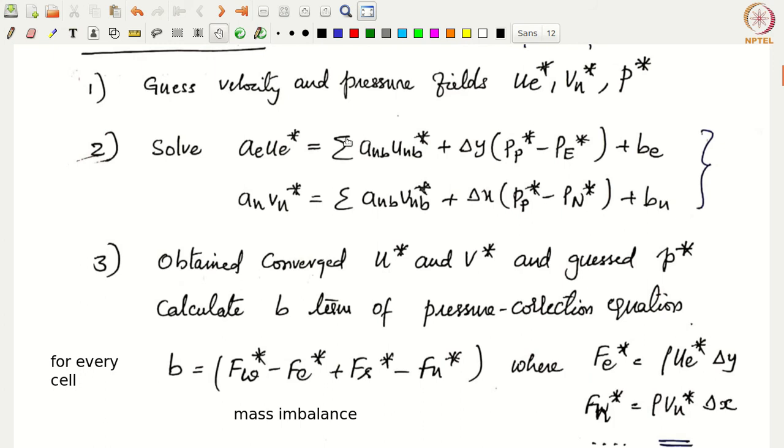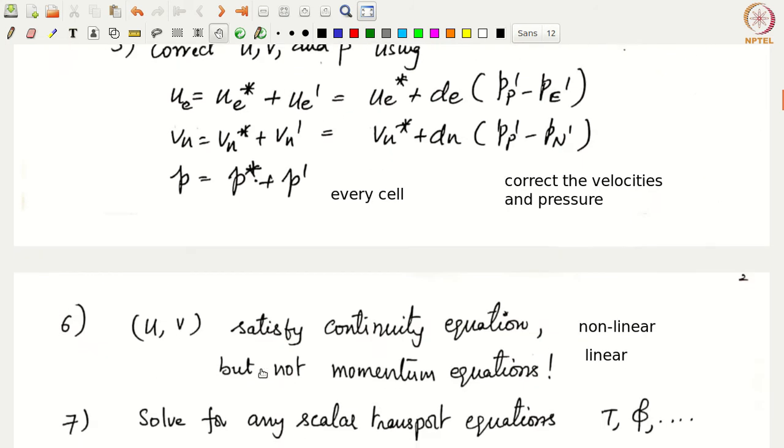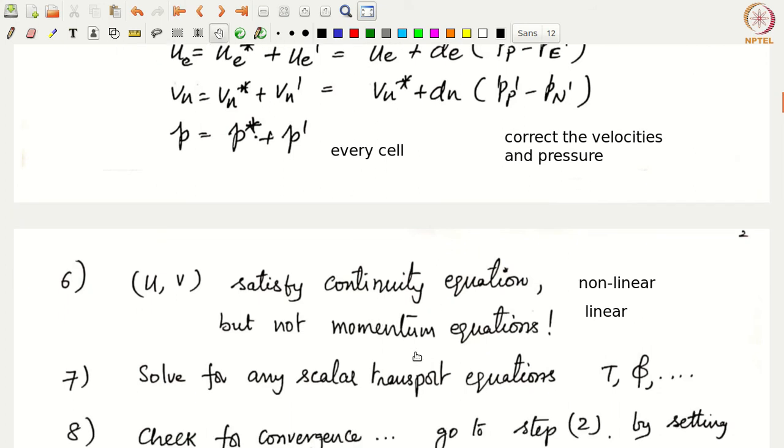So this equation would be the same as the linear momentum equation, only in discrete form. Then this obtained u and v would satisfy not only continuity but also momentum, the continuous momentum equation.